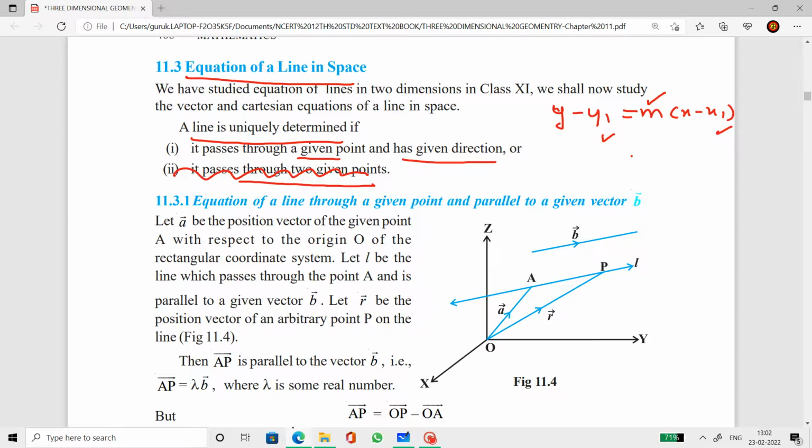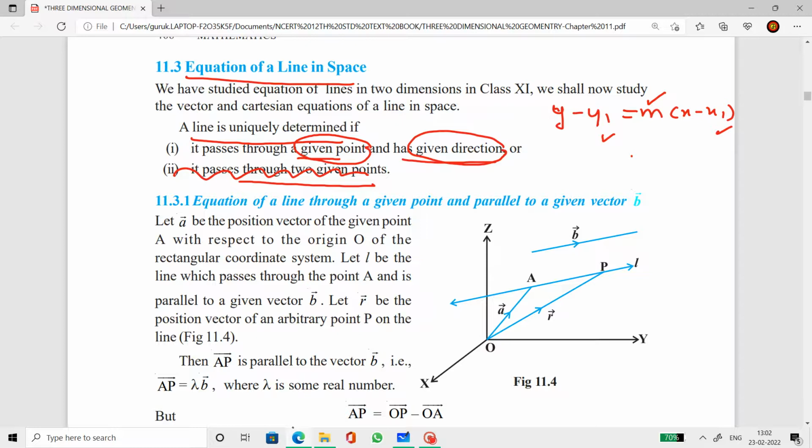So in order to find the equation of a straight line, we only need these two pieces of information, a passing through point and a slope. Correct? Now, here also we need only two pieces of information. One is a passing through point, a point through which the line passes, and the other is the direction of the line, the direction vector.